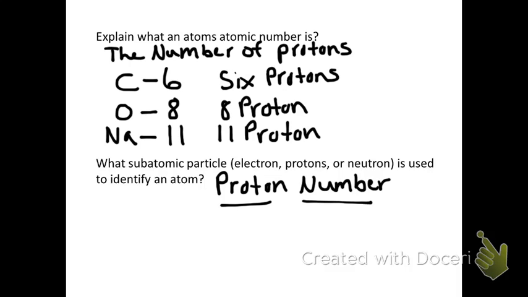So what makes carbon is that all atoms of carbon have 6 protons. What makes oxygen oxygen is its atomic number, the fact that it has 8 protons. If the number of protons changes for oxygen, then it would have changed the whole identity of oxygen. So again, the proton number identifies the actual atom and what element we're looking at. So make sure that you remember that. That's very important. We're going to put a star by that. It's so important.